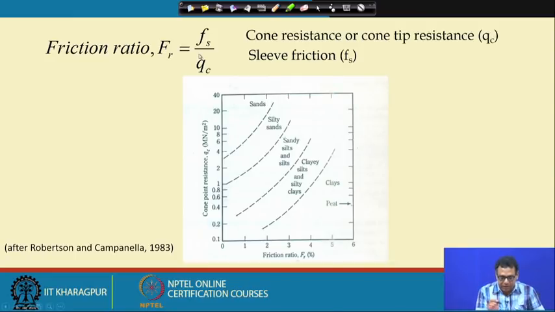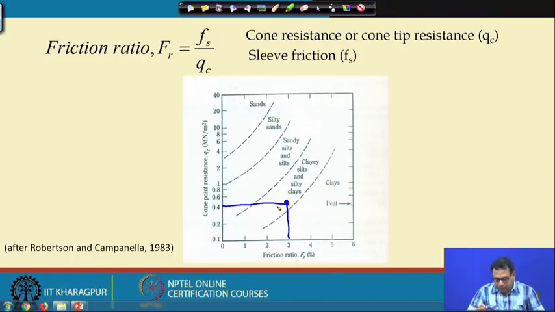If I know the friction ratio, we can use this chart, where this is the friction ratio and this is the cone point resistance in meganewton per meter square. Suppose the friction ratio is 3 and the cone resistance is 0.4 meganewton per meter square; the soil will be clay silt or silty clay.